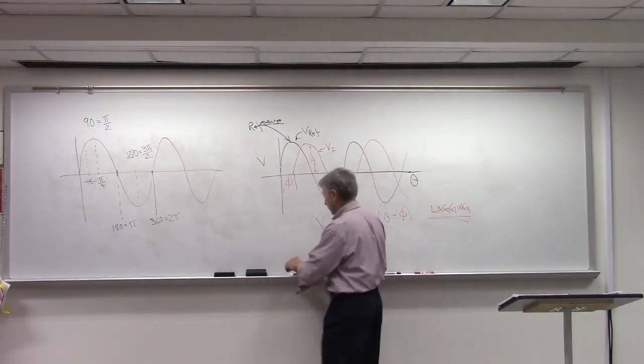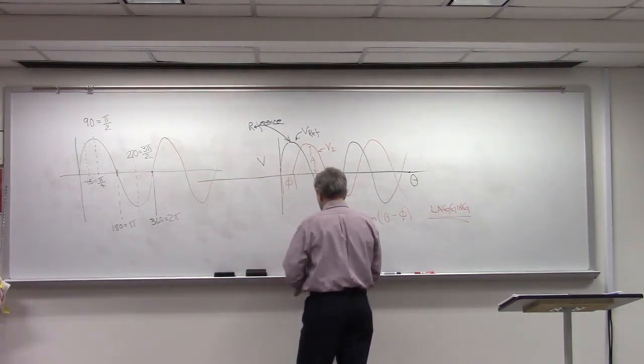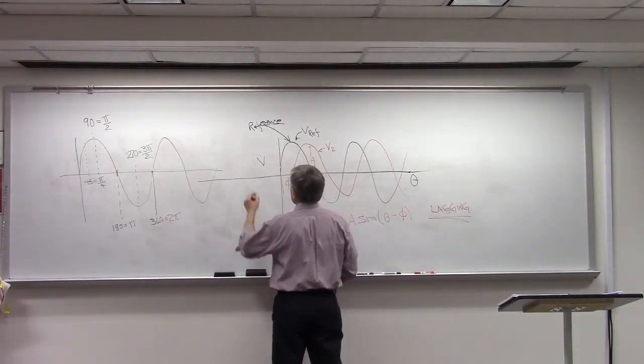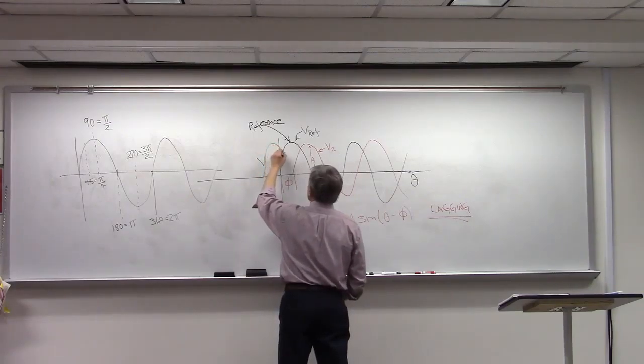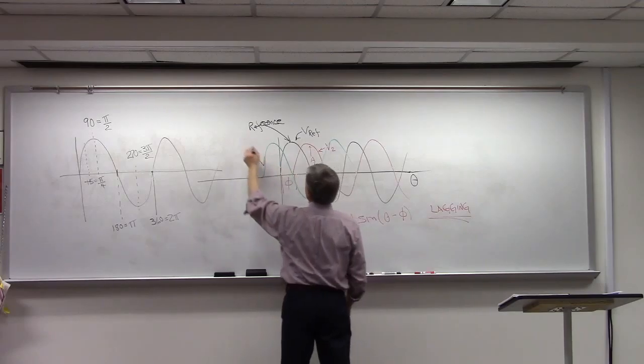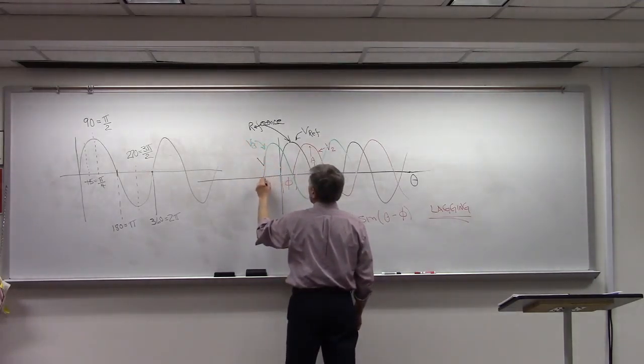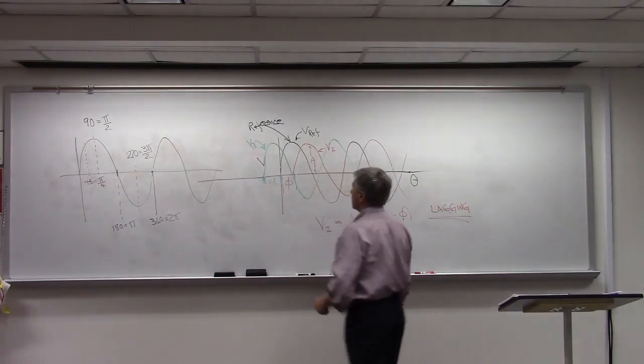So if I have another sine wave here, like so, this is now V3. And I have another angle here that I'm going to call alpha.